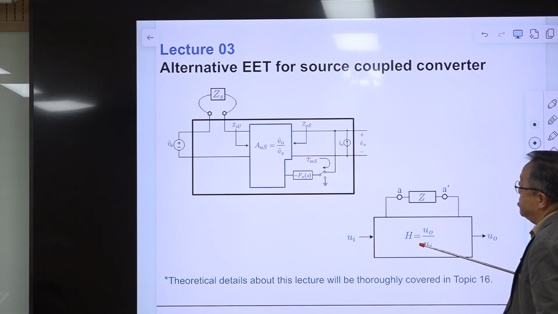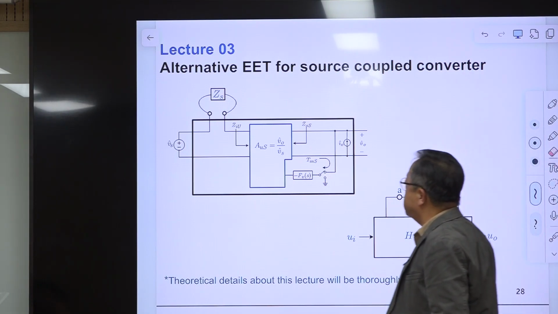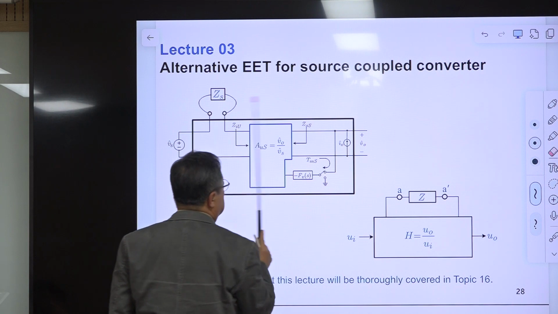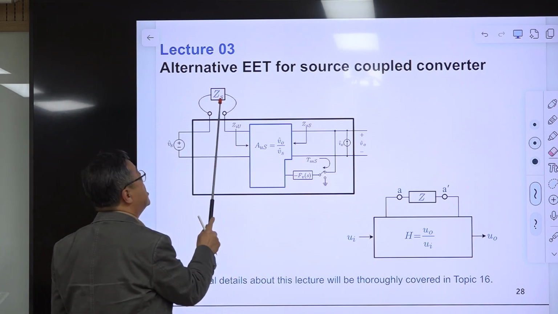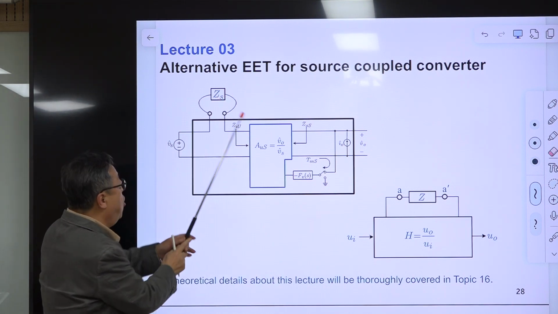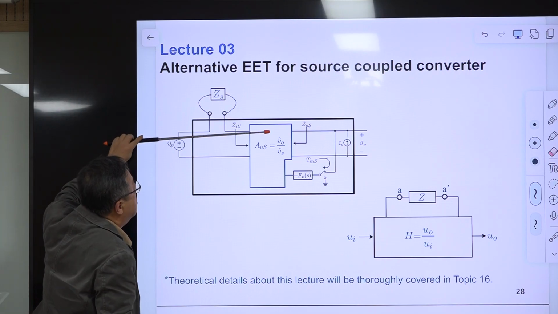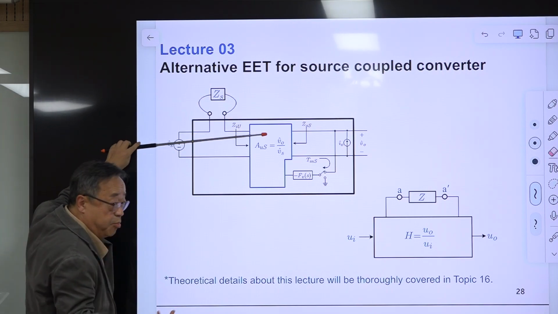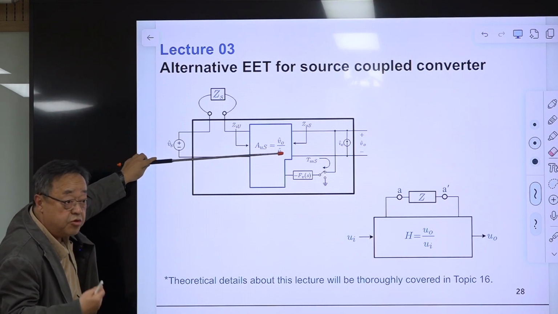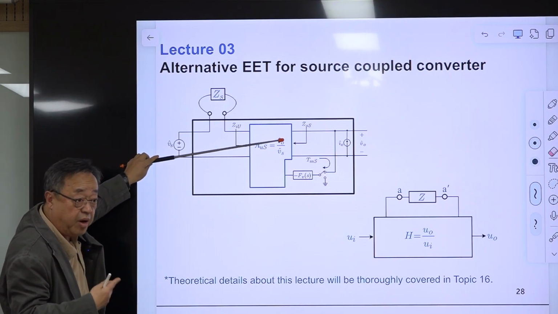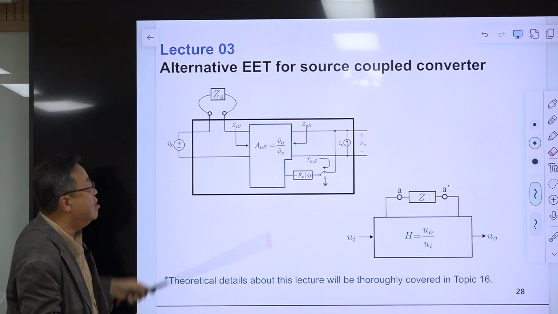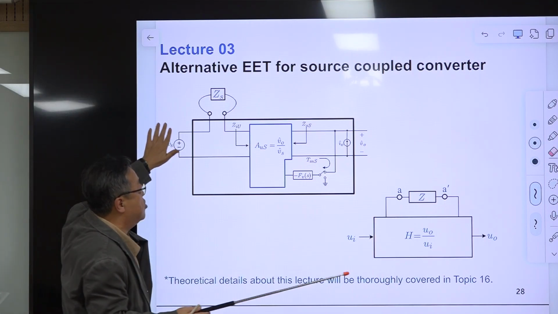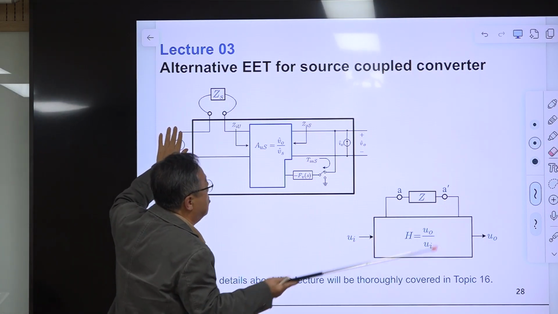If you are interested in the input to output transfer function with this GS present, we know the result without it, and GS is coming in, and its characteristic is provided, or you measured or simulated it, so you have knowledge about that, and with that you want to know the transfer function from here to there.